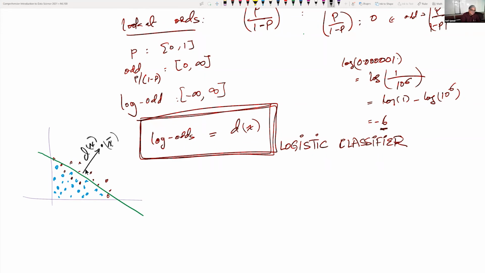To know whether X is a blueberry or a grape, all we need to know is its distance from the decision boundary. Positive distance must be grape, or it gets more and more likely that it's a grape. Negative distance, the more negative, the more you go in this direction, the more likely it becomes that it's a blueberry. Actually, let me use blue color. Okay, let it be. So the more negative you make it, the more you go in this direction, the more likely it becomes that it's blueberry territory.